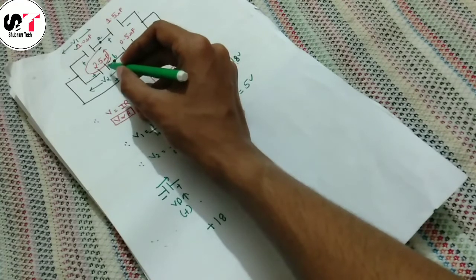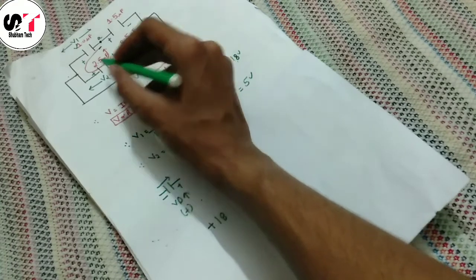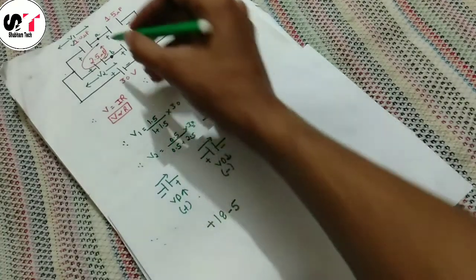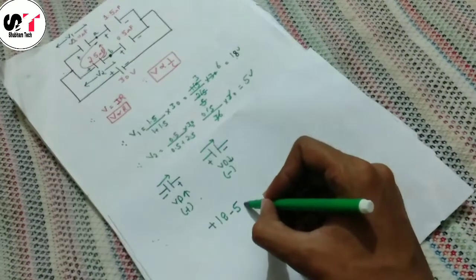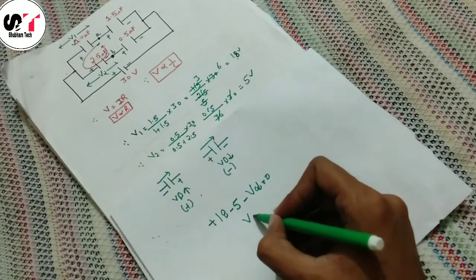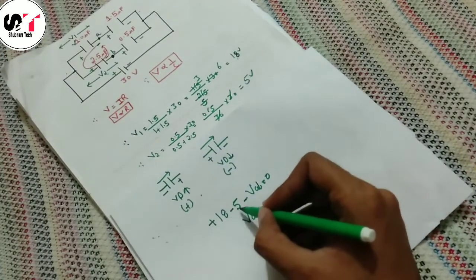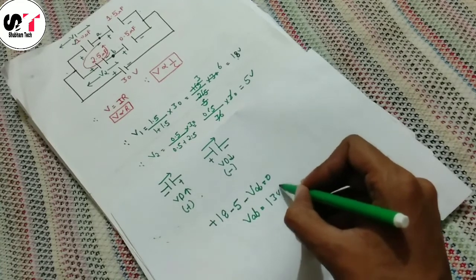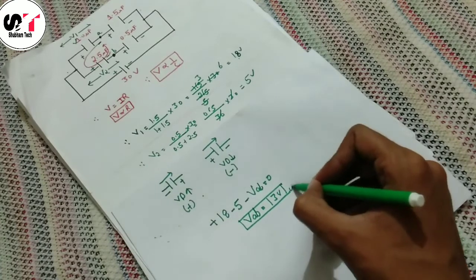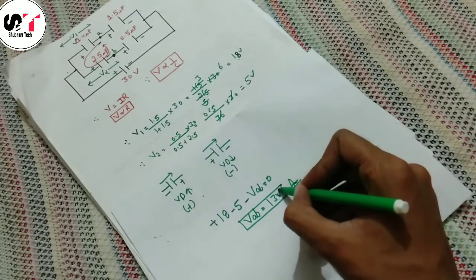Okay, means potential decreases. Take negative sign with 5 volt, minus VAB equal to 0, then VAB equal to 13 volt. Okay, this is your answer.